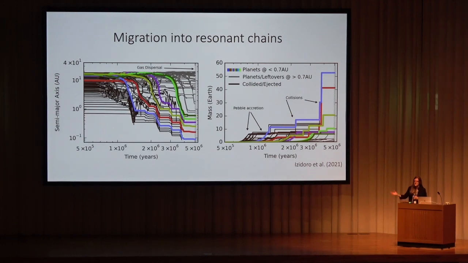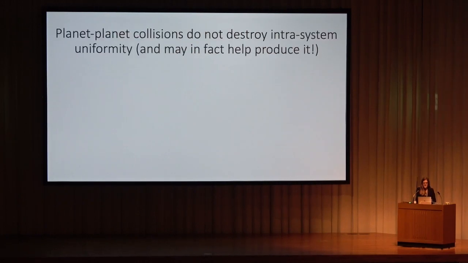So these resonant chains would need to be broken through instabilities and collisions, consolidating the planets into a fewer number. Several authors have investigated how this epoch of planet-planet collisions might affect inter-system uniformity. They find that planet-planet collisions do not destroy inter-system uniformity entirely and might, in fact, even help produce it.